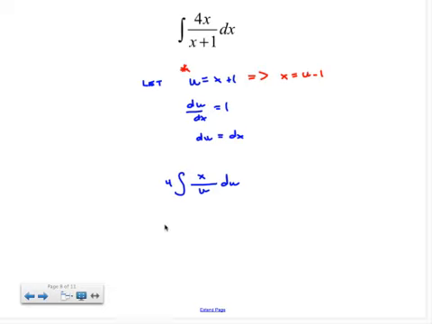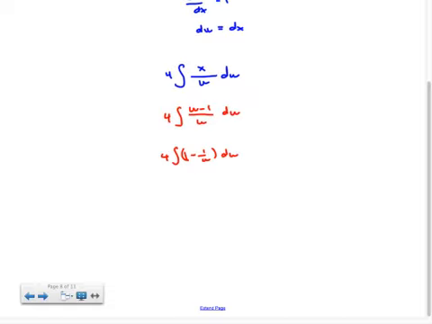Okay, really neat. So what do I have now? I have 4 times the integral. x gets replaced by u minus 1 over u. Now, is this any better? Well, that's what we have to be able to recognize. I can split this as u over u minus 1 over u, which becomes 1 minus 1 over u. So that's 2 separate antiderivatives to do.